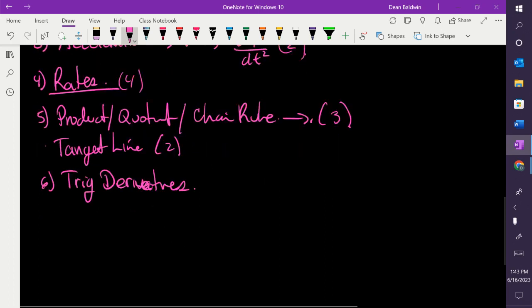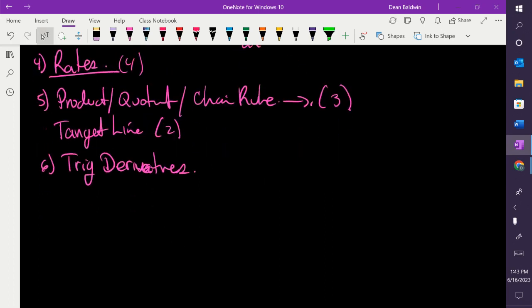So trig derivatives, and then you enter the world of integration. Will there be 2 derivative questions or is it 1 question? Everybody really wants specifics here. This is the final. Then you enter the world of integration. There's going to be U sub.